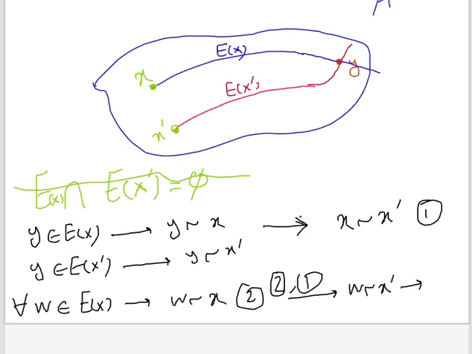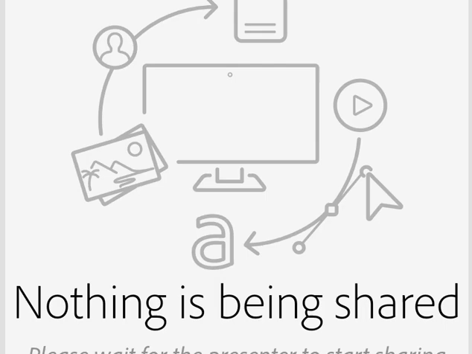Then W belongs to E x prime. So W is from E x and is an element of E x prime. Then we can say that E x is a subset of E x prime, and the other inclusion is true by the same method. However, I come back to the book.